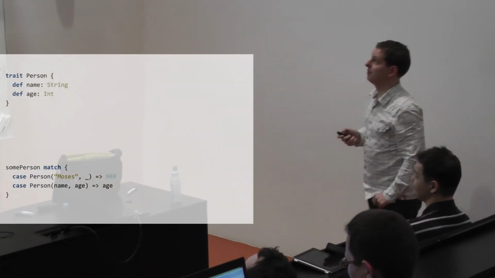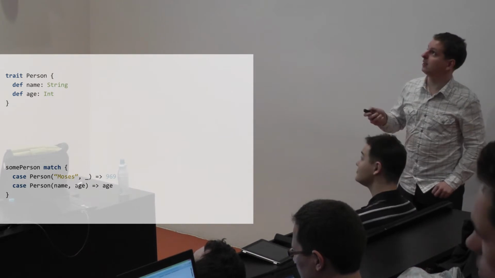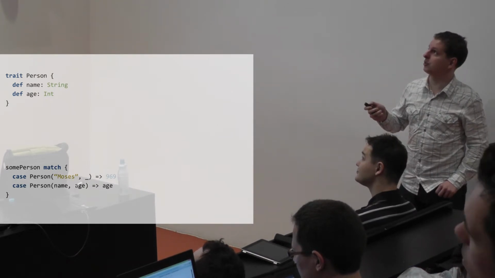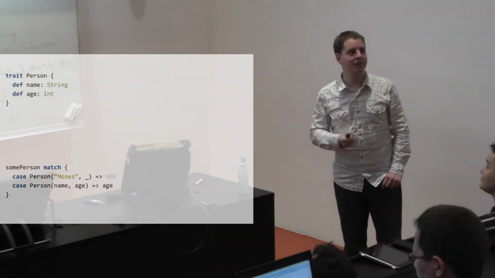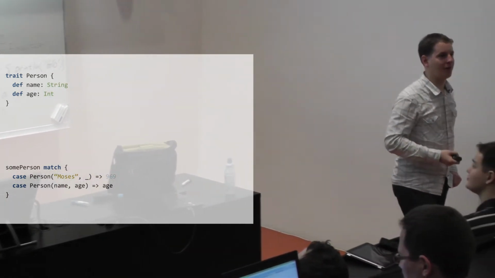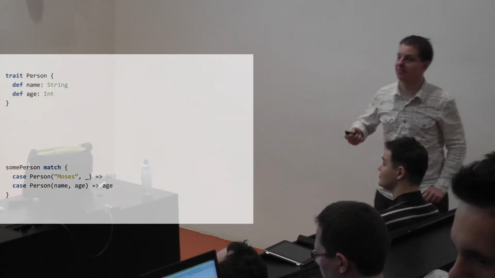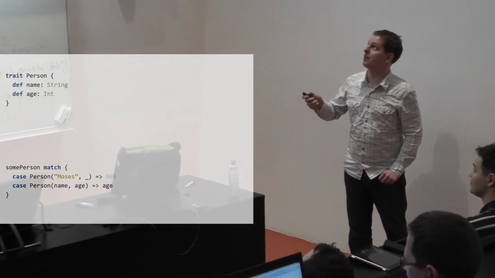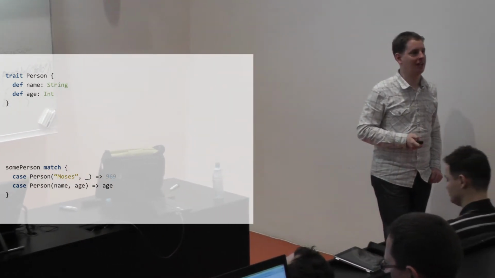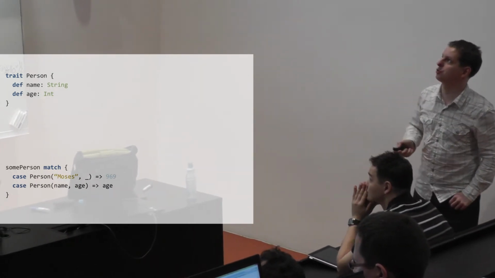We have another trait, Person, which has two methods, name and age. Name is String and age is Int. And we would be happy to pattern match it like this. But there is no constructor named Person, it's a trait, not a class. It doesn't have fields name and age.